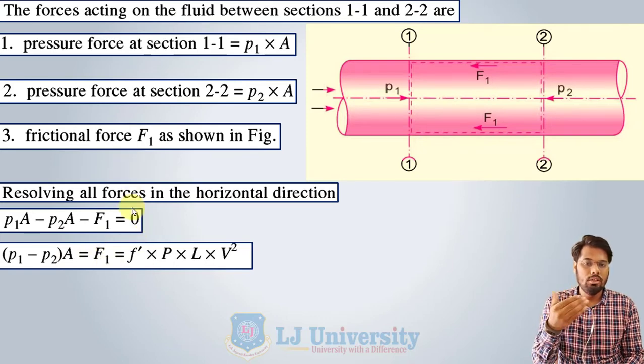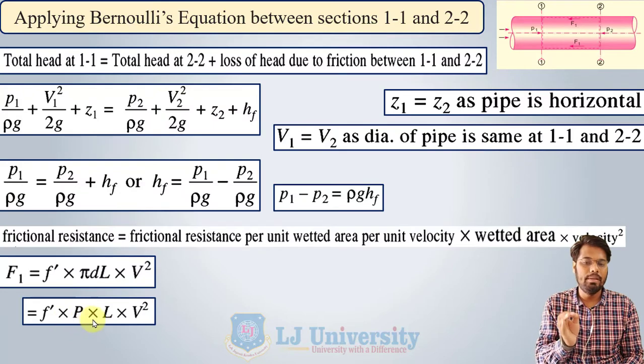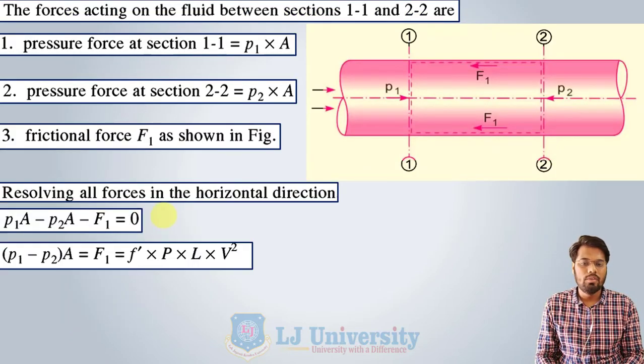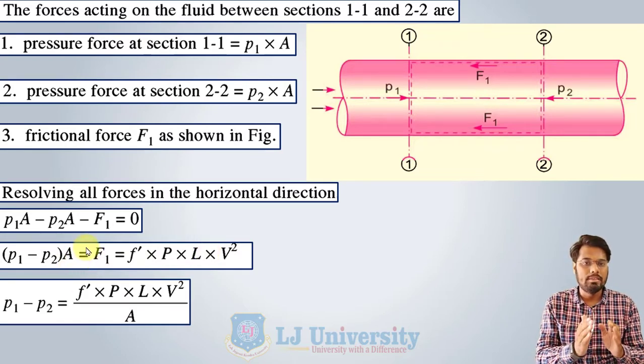Now, we know F1 from the previous slide, F1 is equal to F dash P L V square. So, putting the value of F1, we will get P1 minus P2 into A is equal to F dash perimeter length into velocity square. Simplifying this equation, we will get P1 minus P2 is equal to F dash into P L V square divided by A.